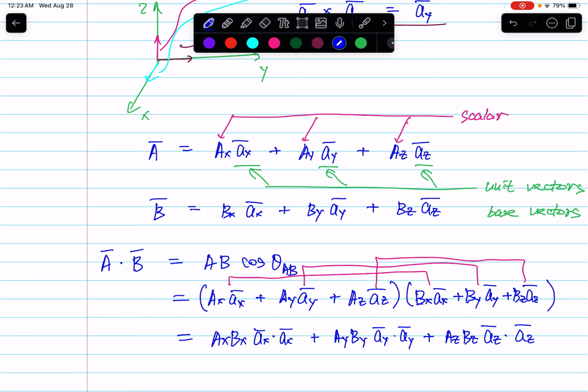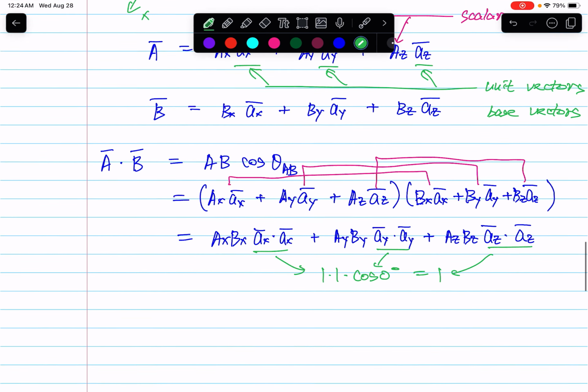Okay, so as we discussed, these guys are all 1, because each is 1 multiplied by 1 multiplied by cosine 0 degrees, so that is 1. That's all 1.